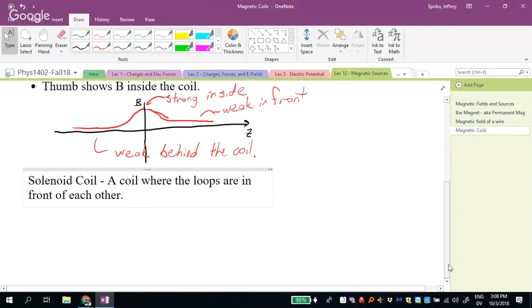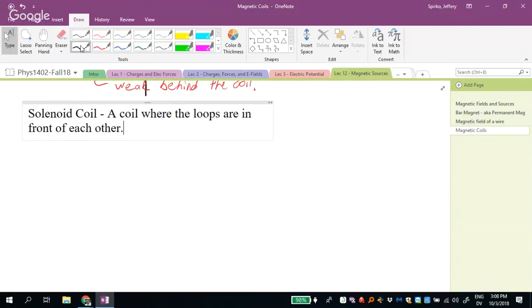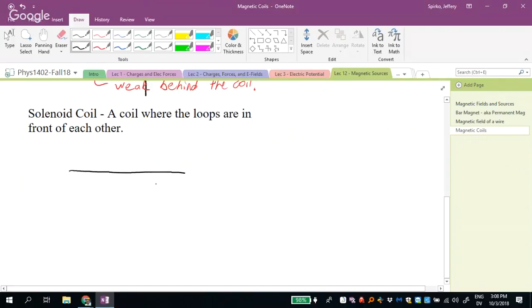I like drawing the solenoid because I learned how to draw a solenoid from one of my physics professors many years ago. So first, I like to draw a cardboard tube or a plastic tube around which I'll wrap the wires. And then I've been drawing my current as a blue line. So I'm going to have the current go up the back and down the front, and up the back and down the front.